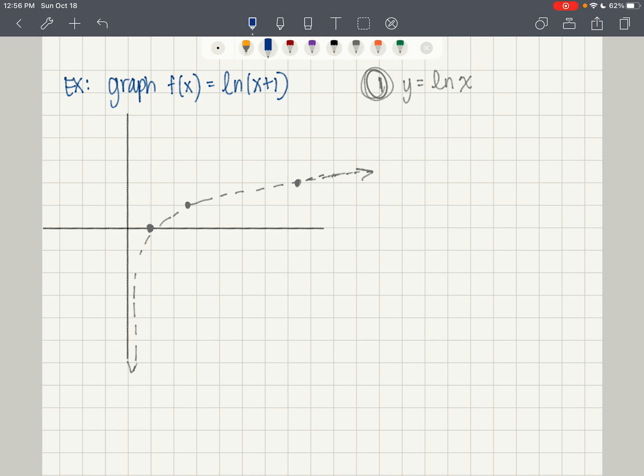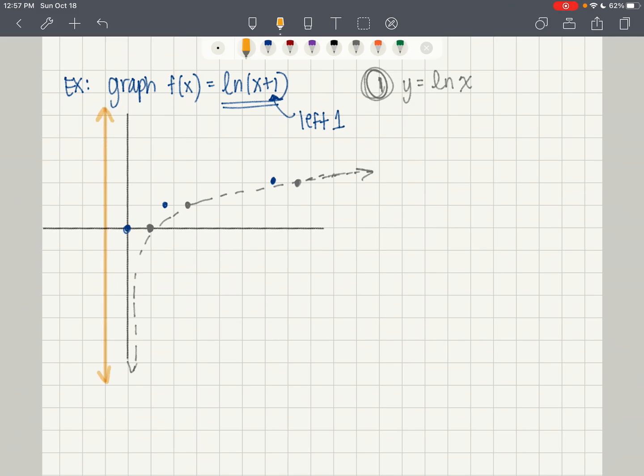Now we want to graph this function right here. You're going to take that parent function and you're going to go left 1 unit. So all of my points, including my asymptote, are going to be moved to the left. Left 1, left 1, left 1, and my vertical asymptote is also left 1.